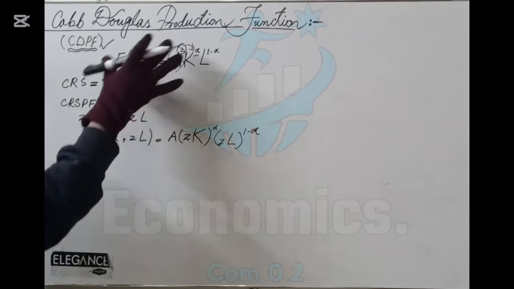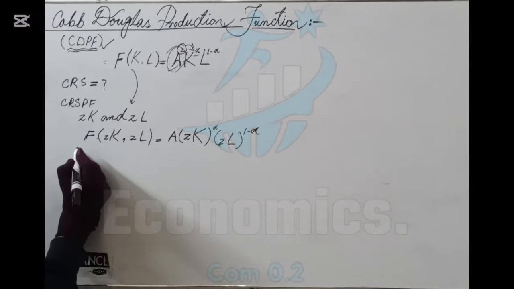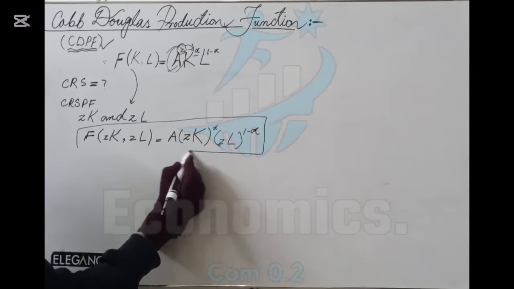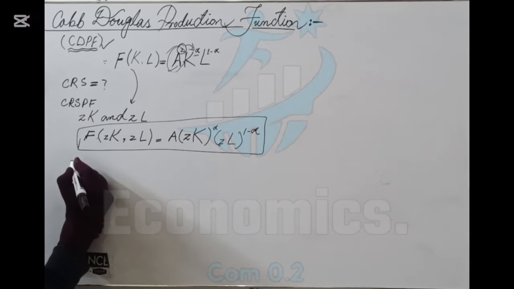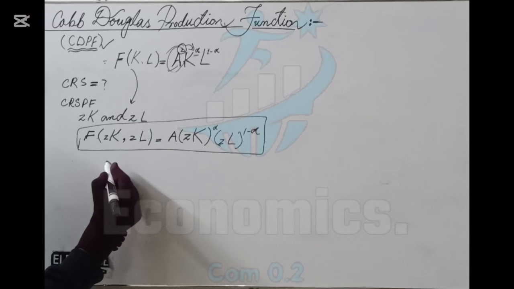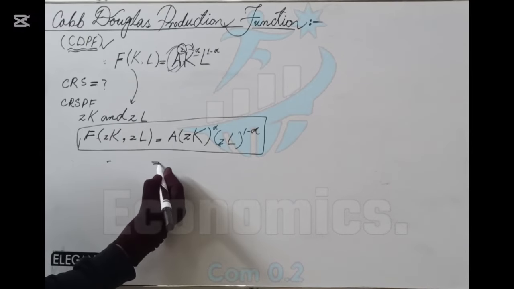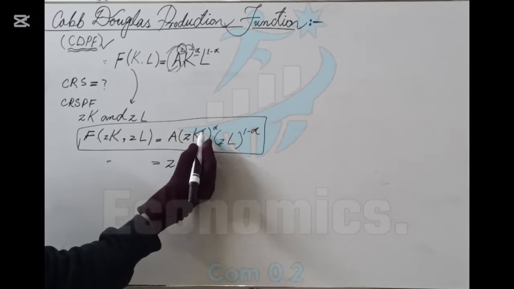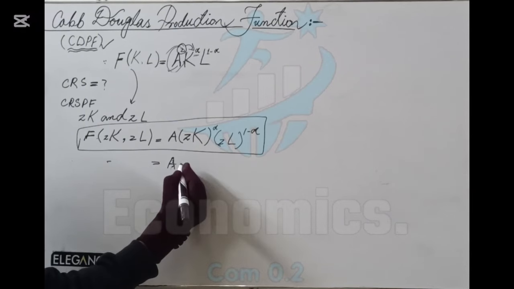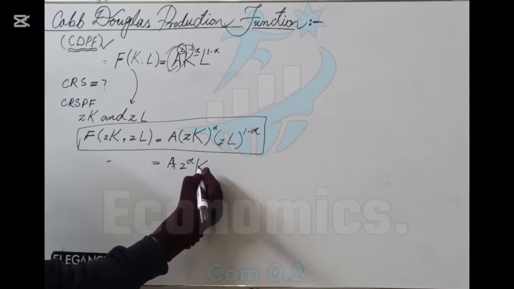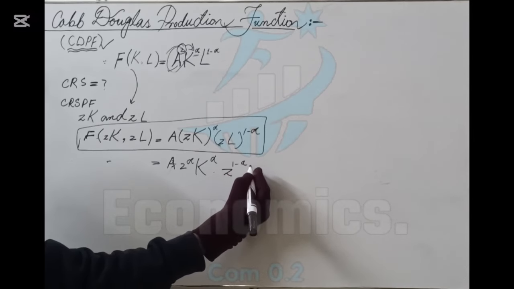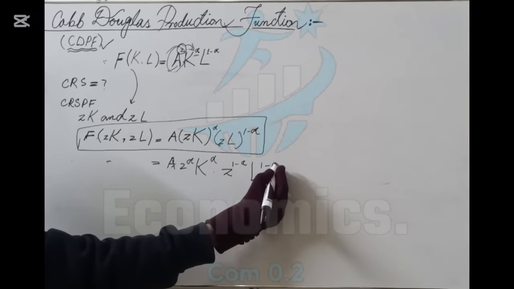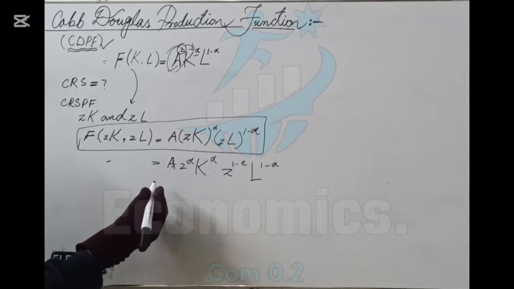Let me rearrange the terms and split this out: Z to the alpha, K to the alpha, Z to the 1 minus alpha, L to the 1 minus alpha.